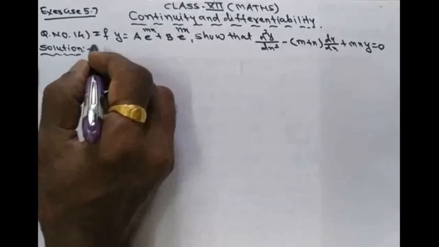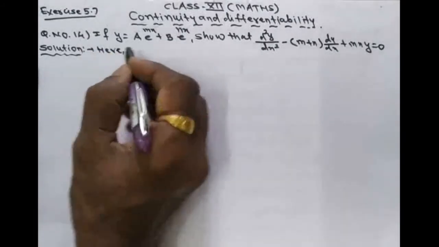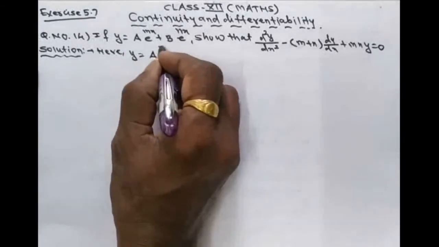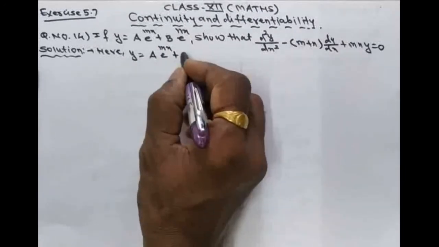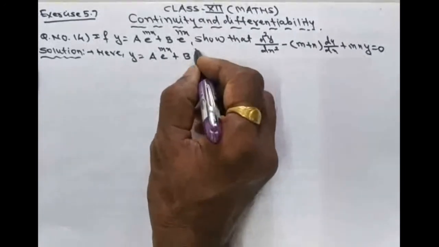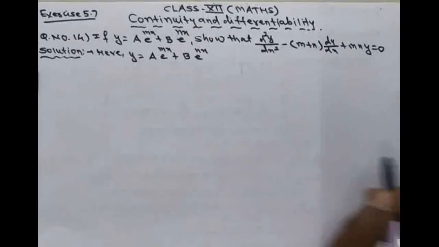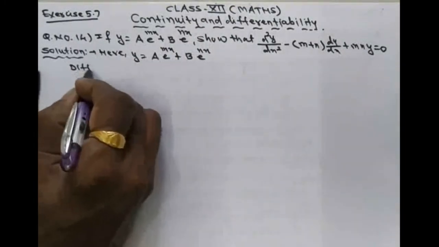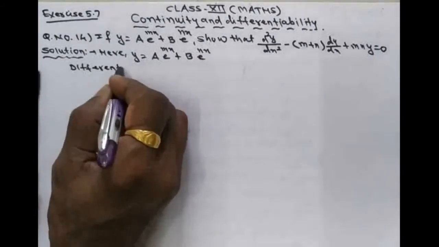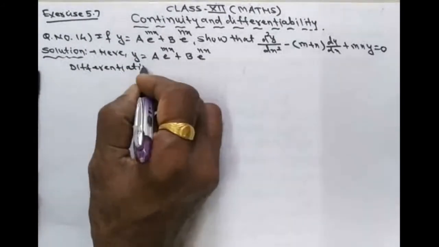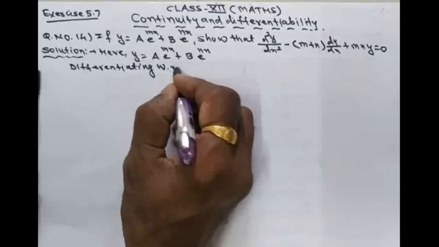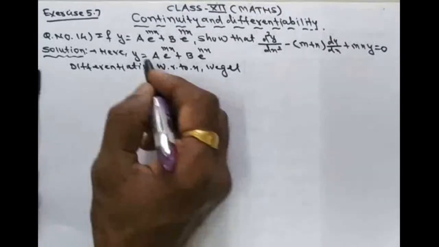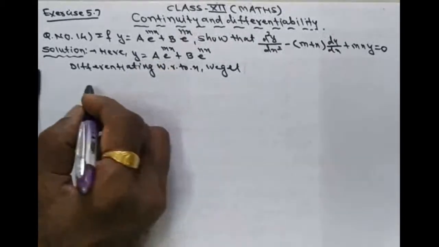So here y equals a into e raised to the power mx plus b into e raised to the power nx. Differentiating this with respect to x, we get dy by dx.